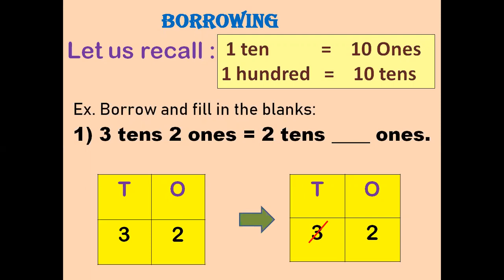So here 3 becomes 2 and 2 ones borrow 1 tenth from 3. So 2 becomes 12 ones. So in the blank place there comes 12. The answer is 2 tenths and 12 ones.